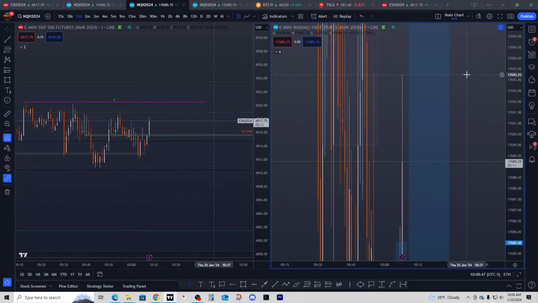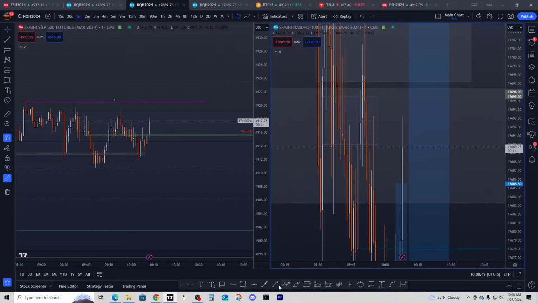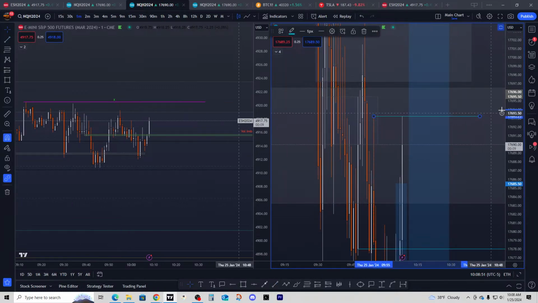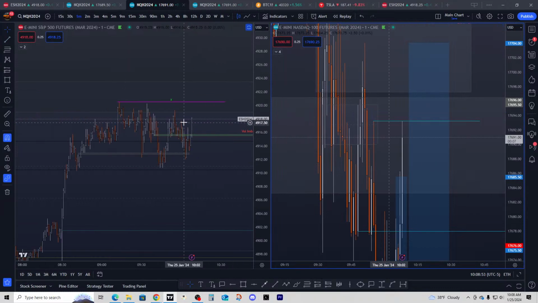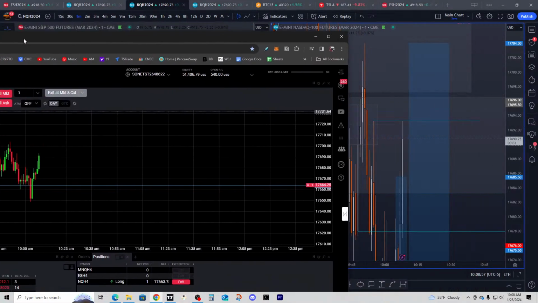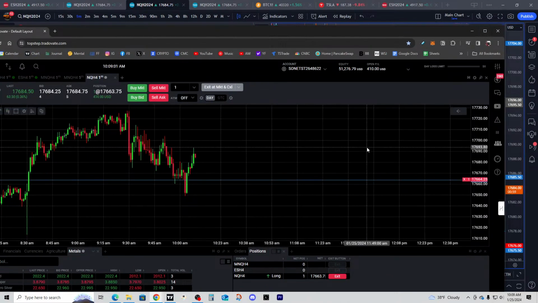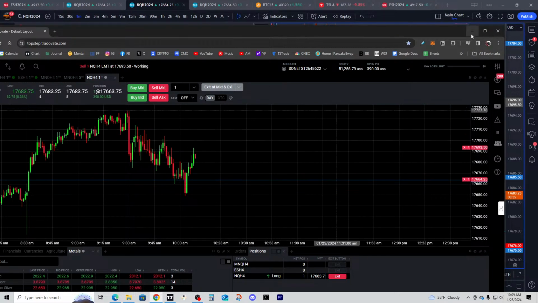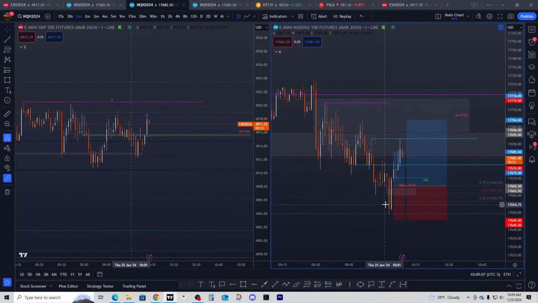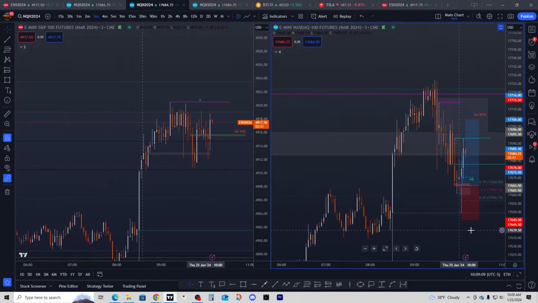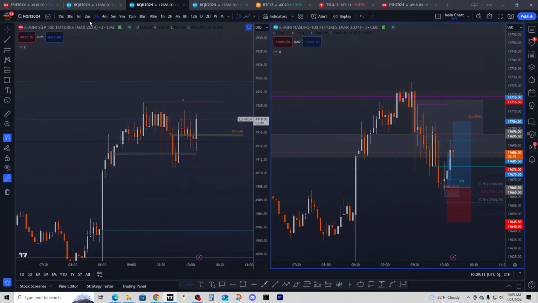Did we hit that high or did we just make equal highs? We just made equal highs. So we hit that high here on NQ though. Let's see. If we smoke that high once more, I'm getting out of it. Or it just hits my break even, whatever. I don't really care.